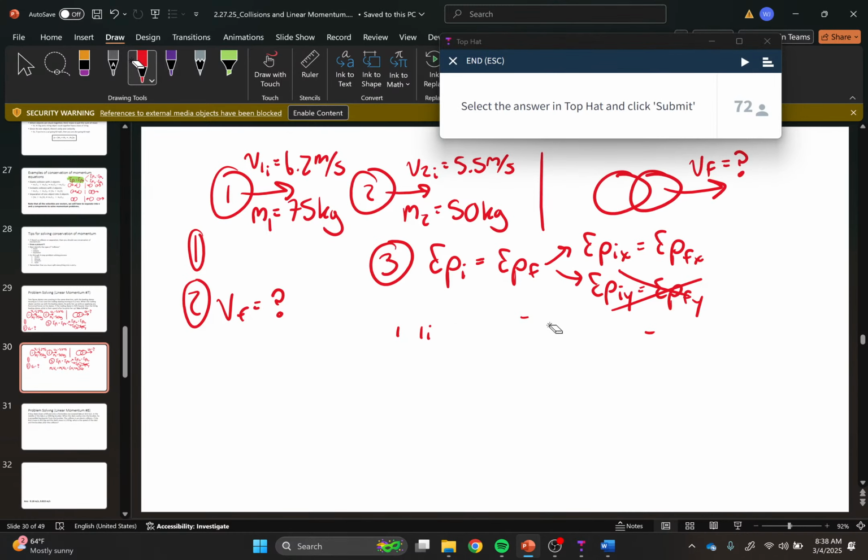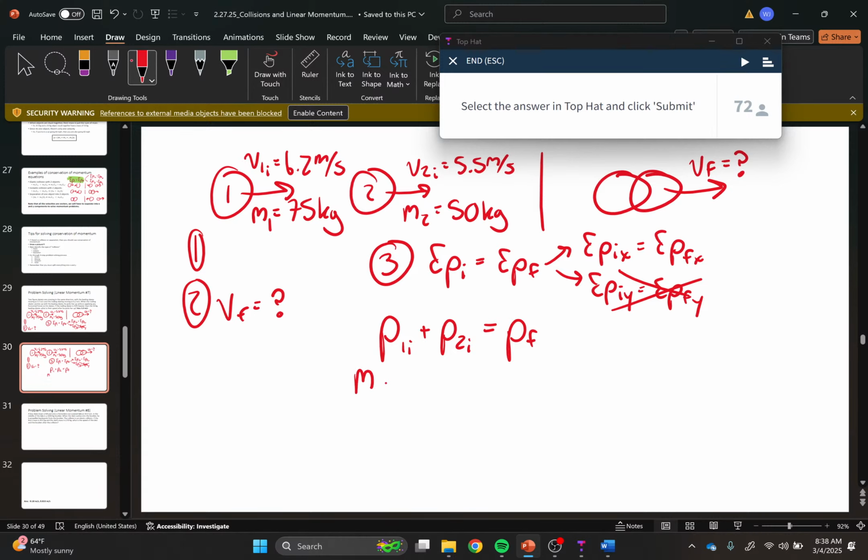So how did I build this? I looked at my equation and said, all right, you all tell me, how many objects do I start with? 2. So momentum of object 1 initial plus momentum of object 2 initial. Great. 2 objects. They're separated. How many objects do I have at the end? 1, equals the final momentum. There's only 1 object, so I just put 1 object there. And then what's the equation for momentum?